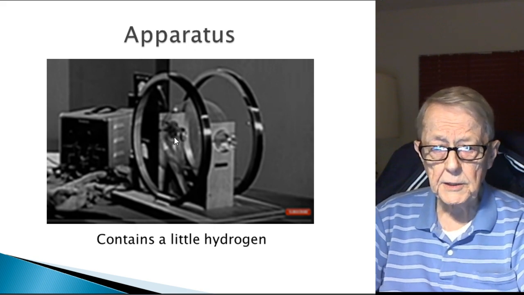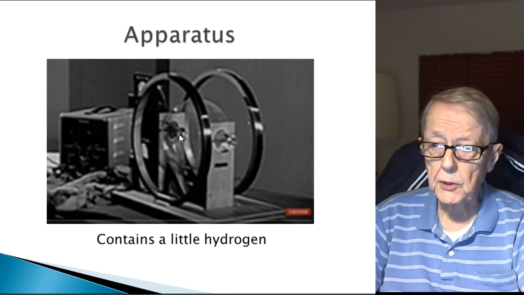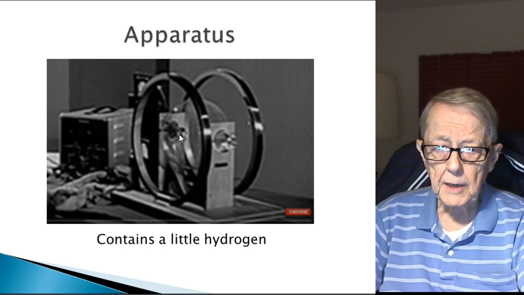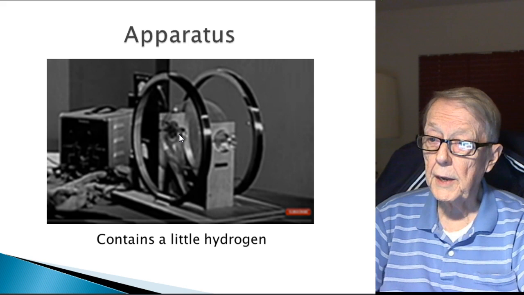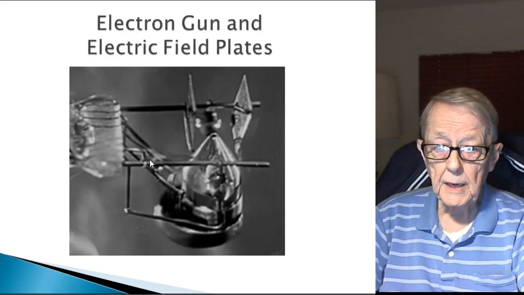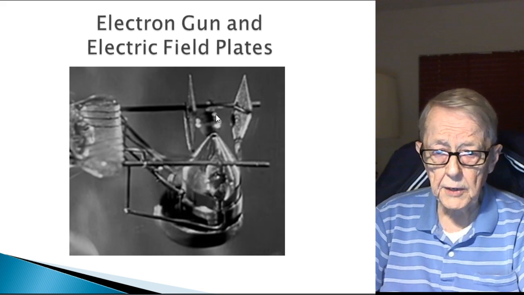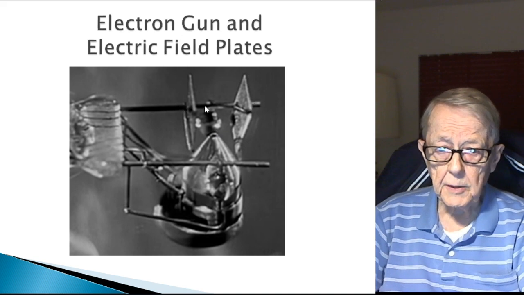This is the apparatus that is used to measure certain things and then calculate the value of the mass of the electron. By the way, it also calculates the velocity. Now this is a closer look at the electron gun, shooting electrons straight up, and two deflecting plates.